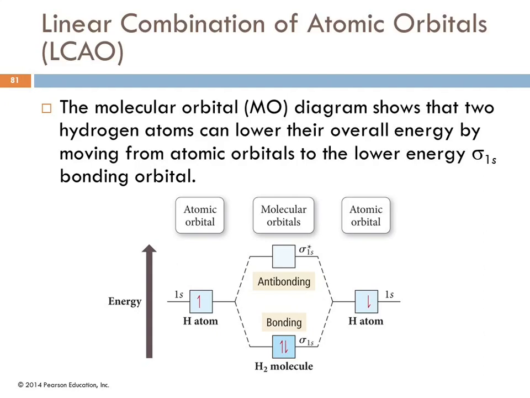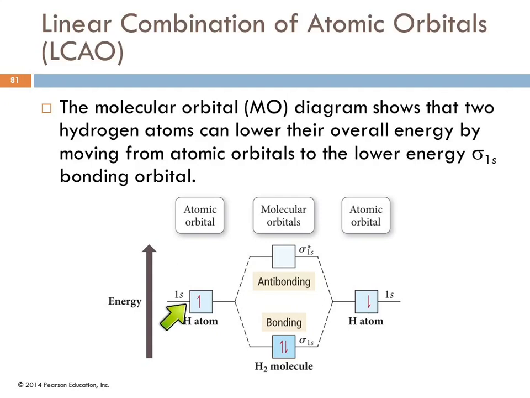So we make diagrams, and those were pictures of shapes and stuff, but we make diagrams. These are related to orbital diagrams that we did when we first learned about quantum mechanics. They're called molecular orbital diagrams. And this helps us to see how the different orbitals are combining into the molecular orbitals and what their relative energies are.